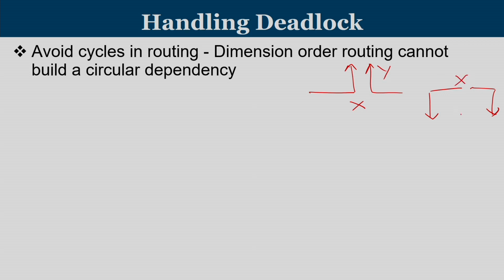A turn like traveling along y and turning to x, these things won't happen. So, dimension order routing makes sure that a transition along the y dimension is not shifting towards the x dimension, but that is over restrictive in nature. We will try to see how deadlock is being handled.